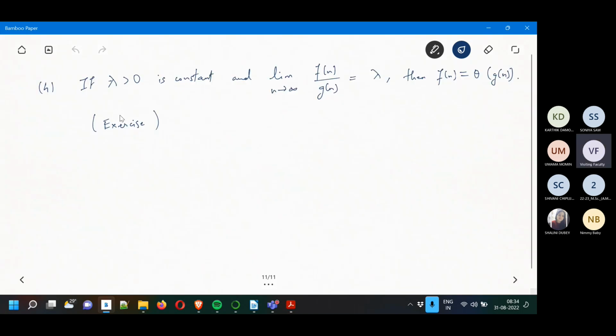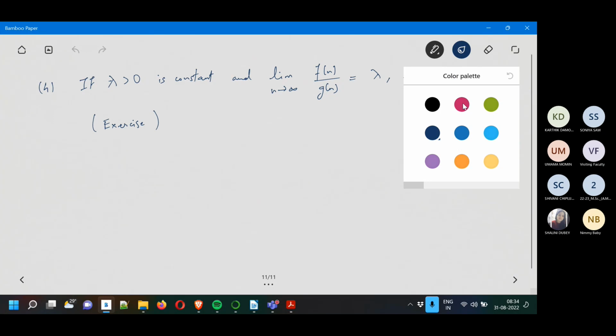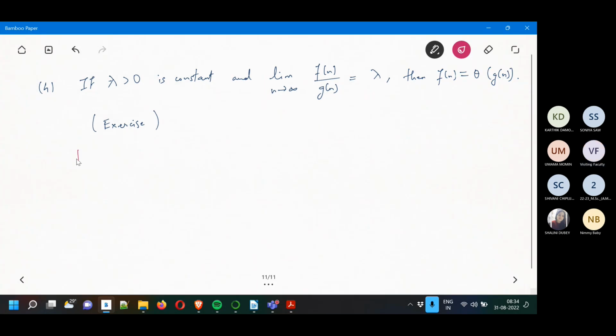Just try repeating it. This is exercise. And once again, the converse is not true. Find a counterexample.